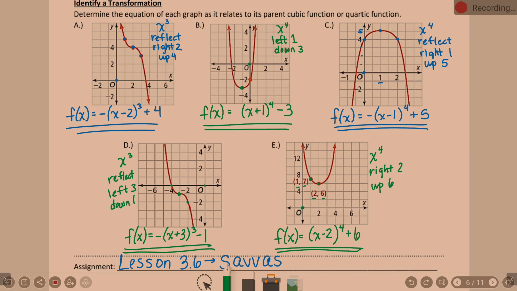Does yours match mine? In the parentheses, x minus 2, because we went right 2. The power on the parentheses is a 4 because this is an x to the fourth graph. Up 6, so plus 6 outside. And no reflection, stretch, or compression, so nothing in front of the parentheses. Okay?